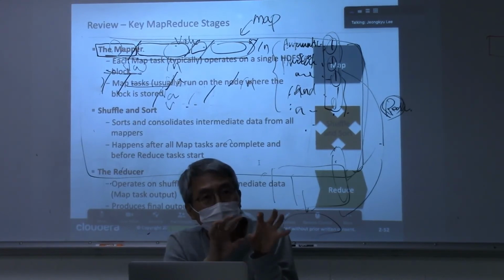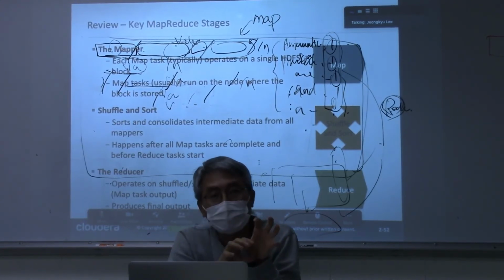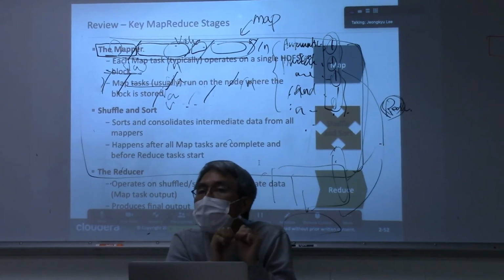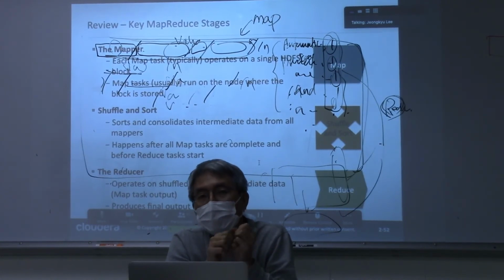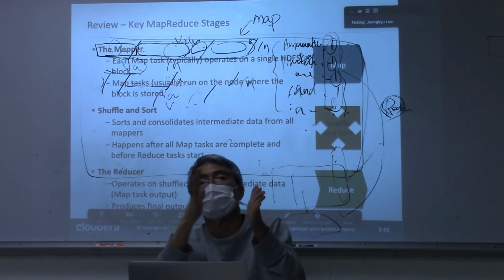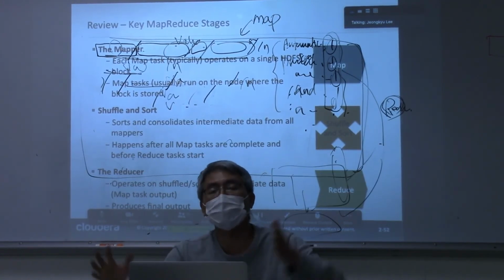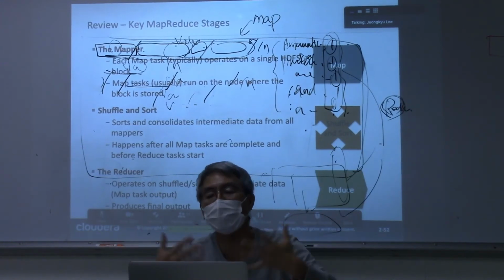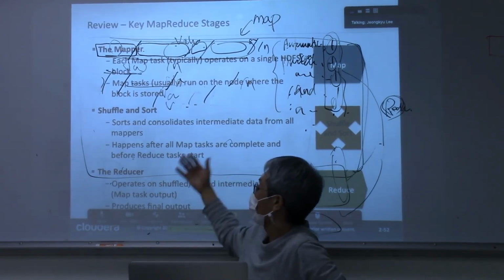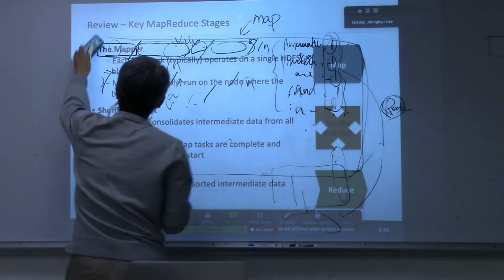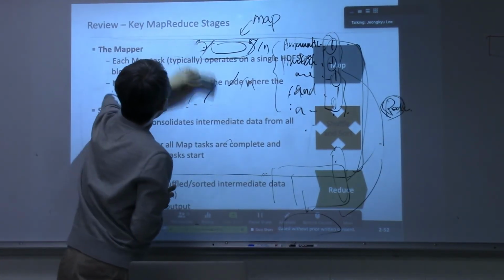So you are going to code the algorithm to process each block, mostly emitting key and value. Then the reducer will combine all of the output from the mapper.